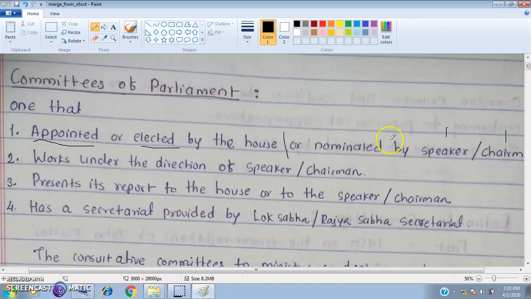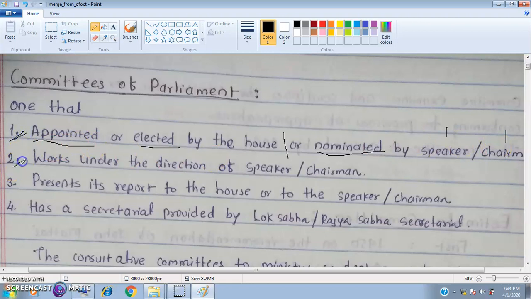This fact is important. If a President forms a committee of which members are from Lok Sabha or Rajya Sabha, then it will not be called a committee of Parliament. If at all there will be nomination of members, the nomination has to be done by either the Speaker or the Chairman. This is the first condition.